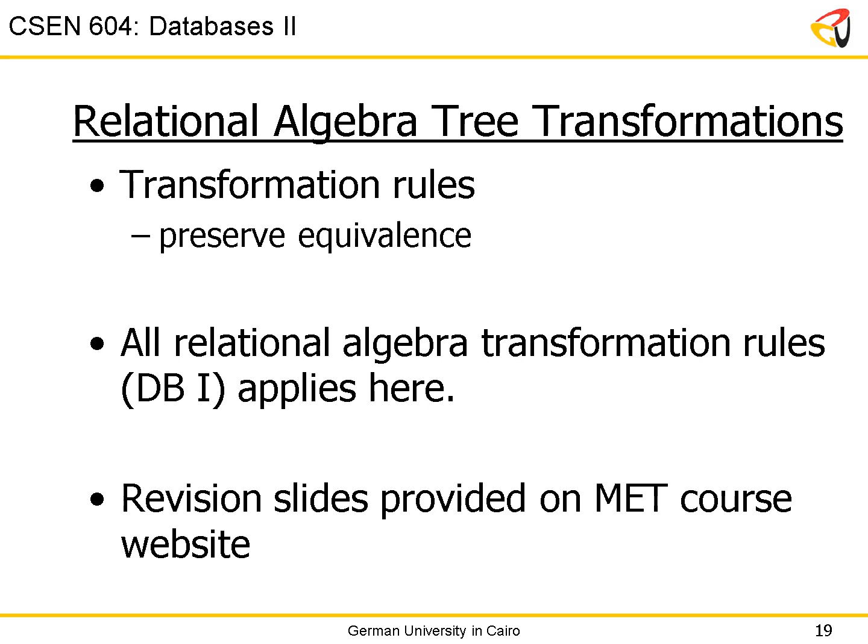And here I would remind you of the stuff you've learned in Database 1, specifically what's called equivalence rules in relational algebra. I will put a handout on the MET website that's a refresher of what you can do to a relational algebra tree to transform it to another equivalent one that will produce the same result set, but is arranged differently. And I expect you to have learned this material in Database 1.